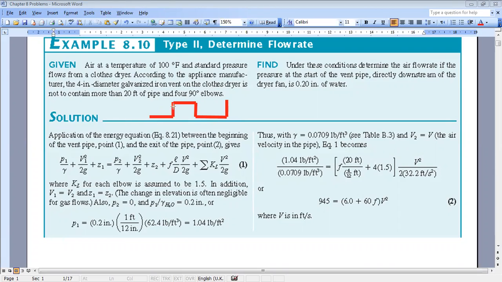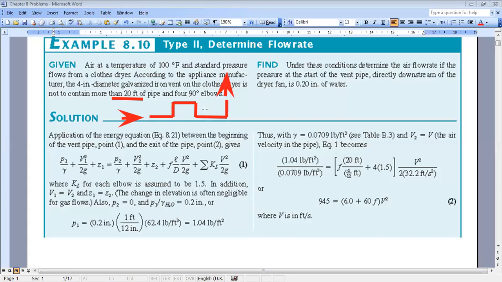So you have a piping system, a duct system, of total length 20 feet. If you do the summation of the lengths of each segment, you get 20 feet. And it contains 4 elbows from the initial point to the final point, and each elbow is of angle 90 degrees. Here you have the inlet condition, and the outlet condition is from here.